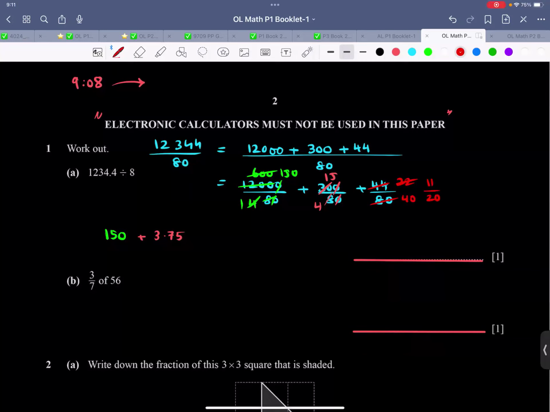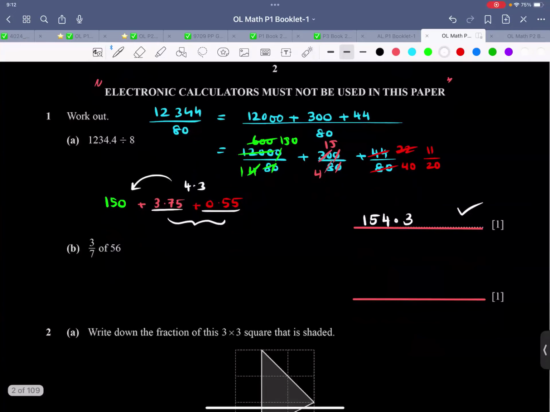So 11 over 20 is 0.55. So now if I add it up, 3.75 plus 0.55, that is 4.3. So basically 4.3 plus 150 is 154.3. That is how I get this answer.